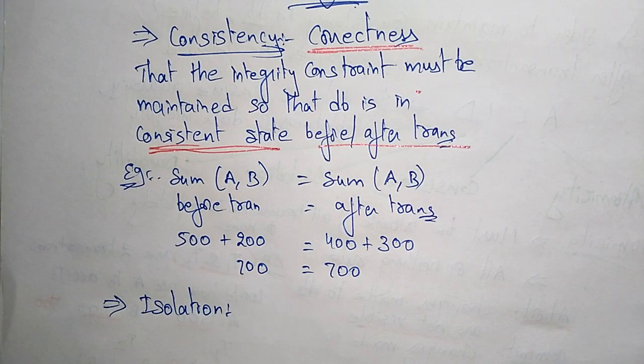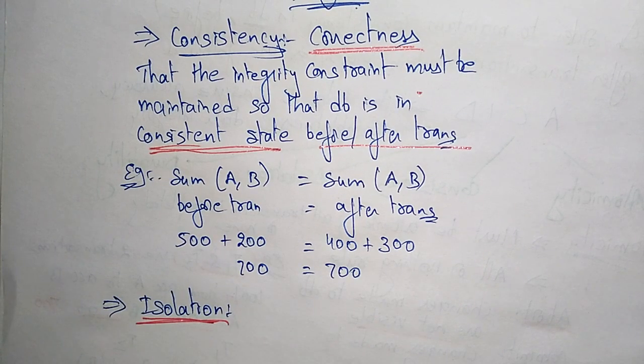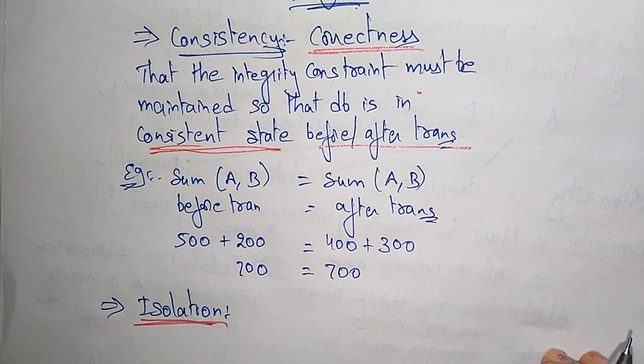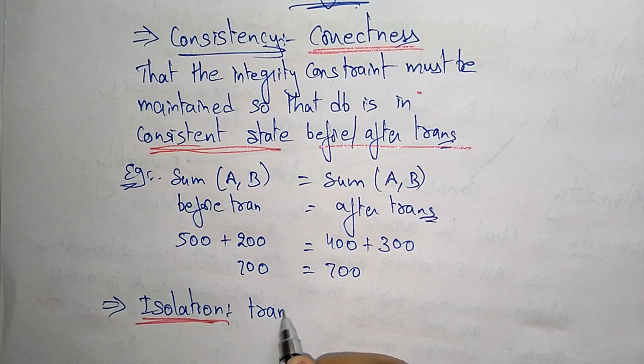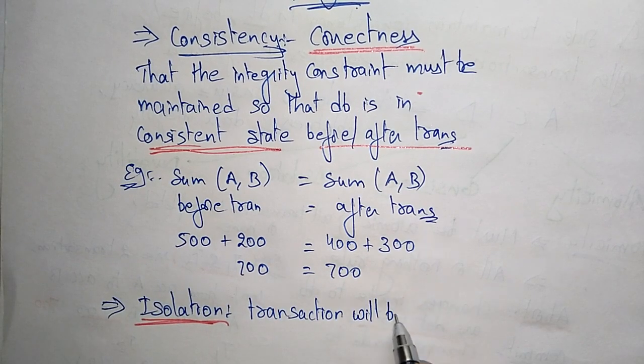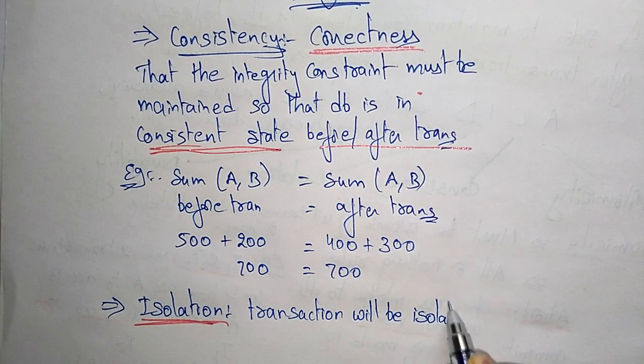What do you call isolation? It indicates that the actions performed by a transaction will be isolated or hidden from outside the transaction until it terminates. Simply, transactions should be in isolation. A transaction cannot be visible to other transactions until it is completed.